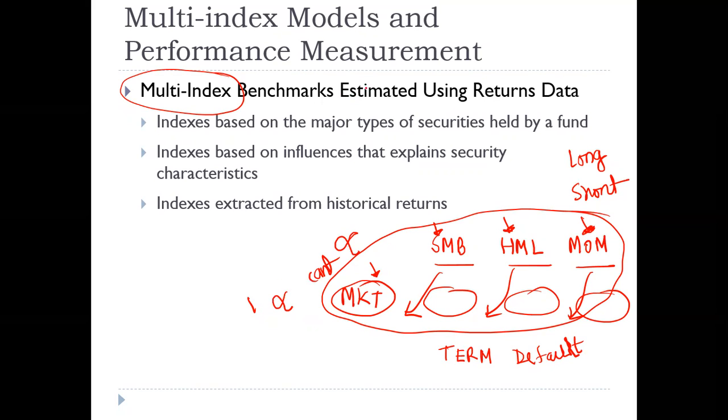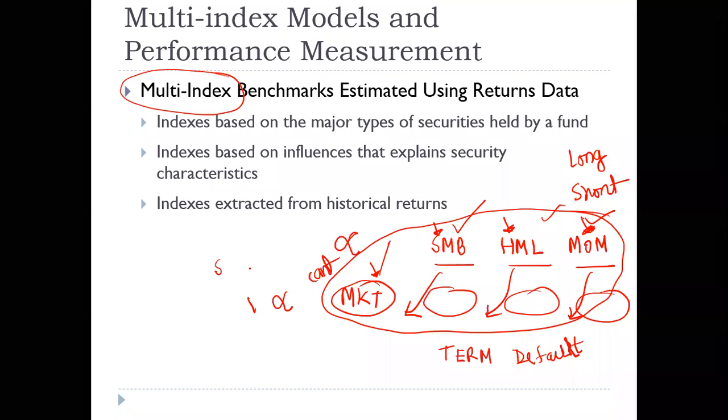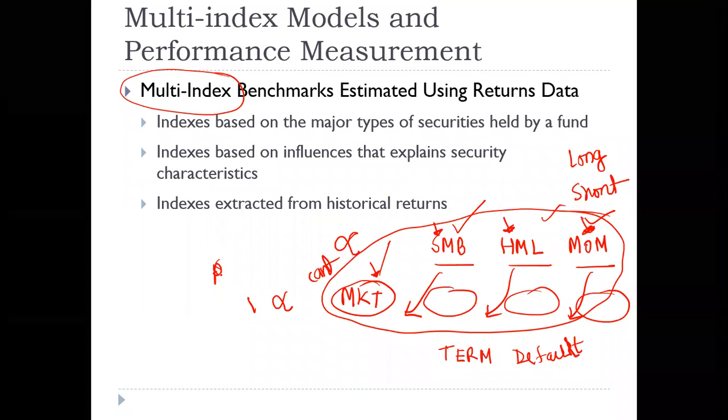Okay, in this kind of benchmark, how many indexes am I taking right now? Four indexes: the stock market, SMB, HML, then the momentum factor. If you do a time series regression between the stock return, or the portfolio return, and these four factors, can we get alpha here?